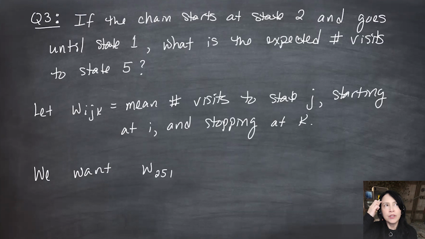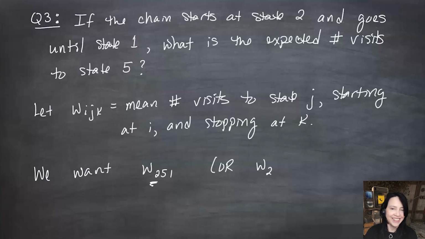In what I'm about to do, we're going to keep restarting the chain from different places. So this 2 is going to be changing, but we're always going to stop at 1 and we're always going to be counting 5. So you might call this W2 alone. I think I'm going to leave all the subscripts there just for this first time through, but it is going to be very repetitive.